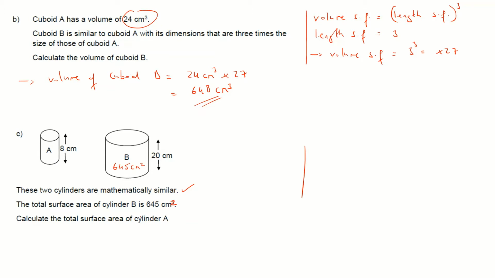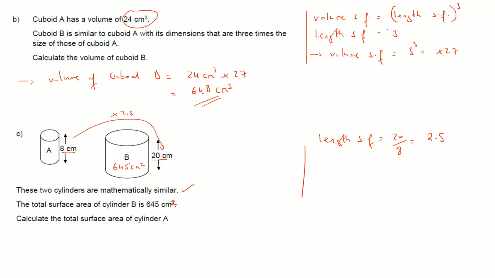Find the area of cylinder A. Well, can we see that I've got these two matching lengths here? So perhaps first of all, I could find the length scale factor. I'll do 20 divided by 8, and 20 divided by 8 is 2.5. All right, so 8 times 2.5 is 20.